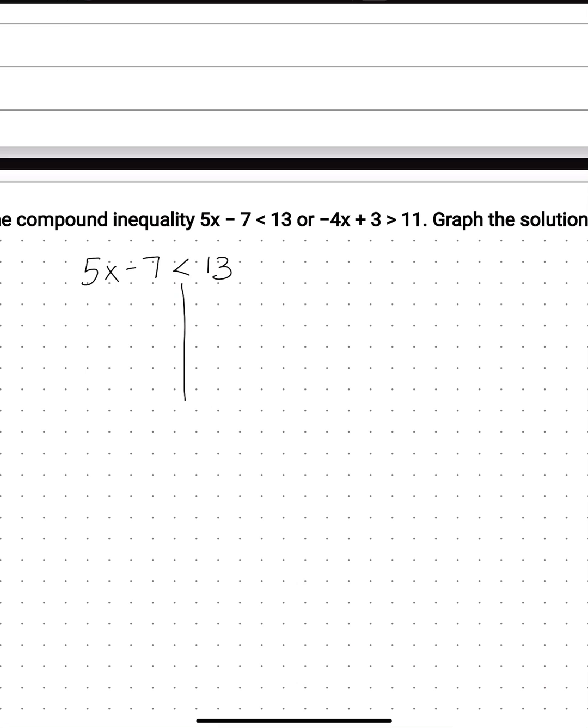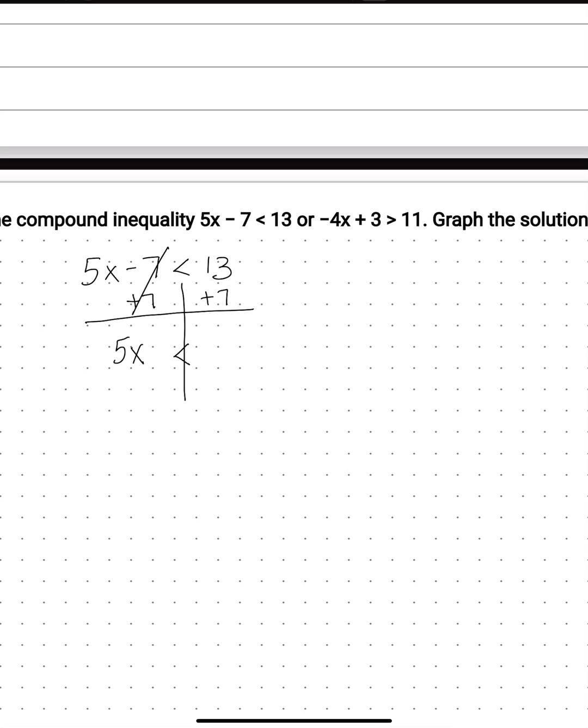I'm going to draw just my vertical line here. So I want to get the variable, or the term with the variable x, by itself. So then I'm going to move the 7 by doing the opposite, or the inverse, which means I have to add 7 to both sides. These cancel out, so I'm left with 5x on the left.